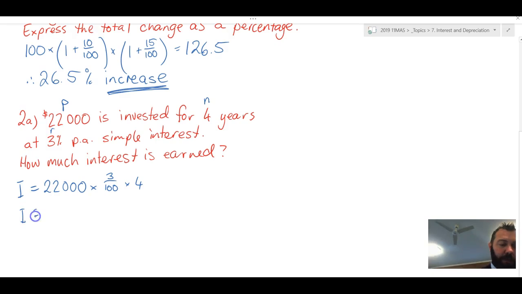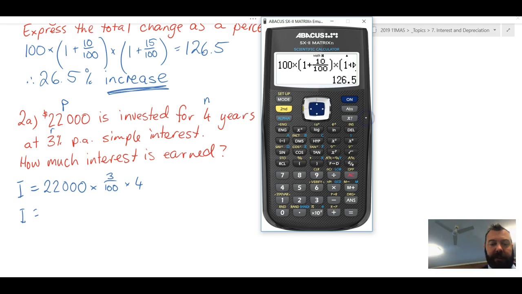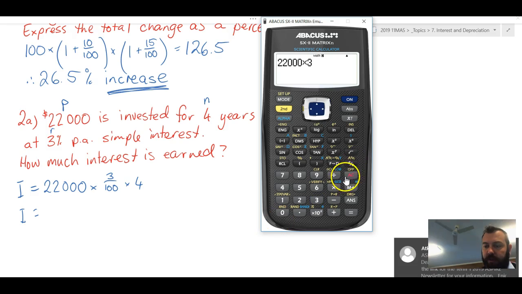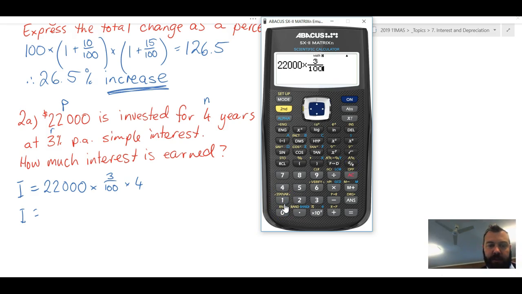My interest equals, again, out with the calculator, 22,000 times 3 over 100 times 4, okay, equals $2,640, boom.